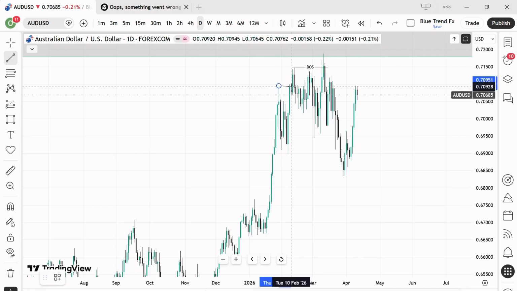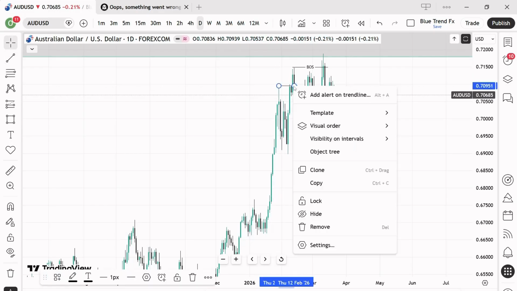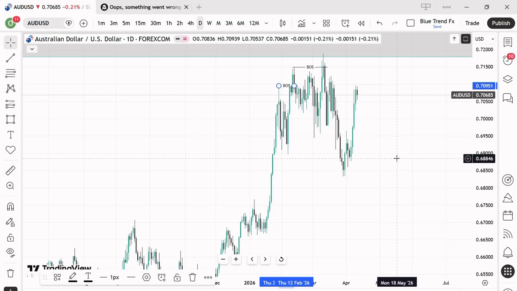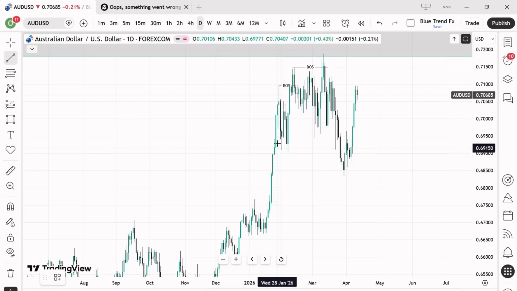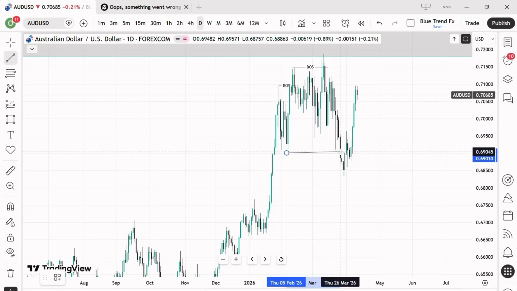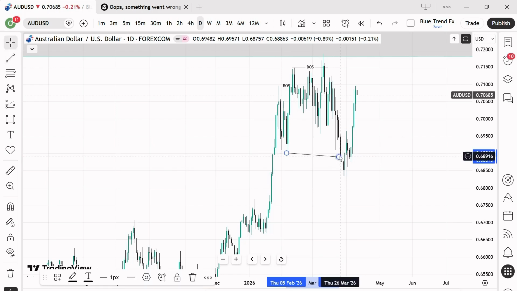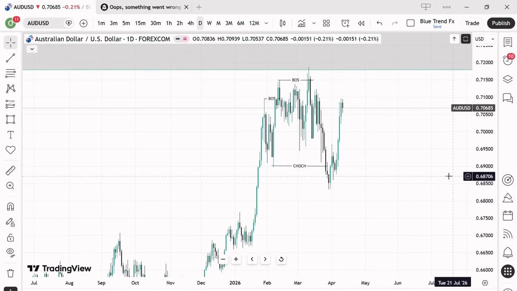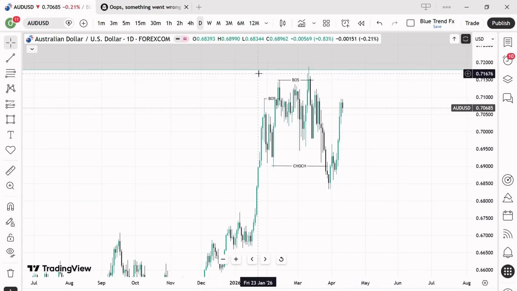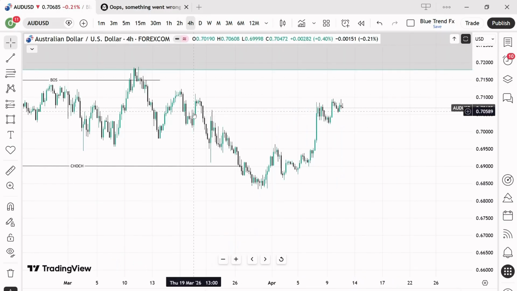Because market has broken two structures, and this makes me more interested in the sell before the buy continuation. This is how we name a change of character. So let's go to 4 hours to see what we have.